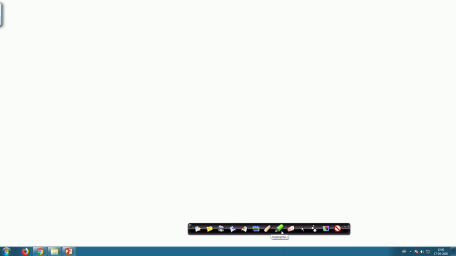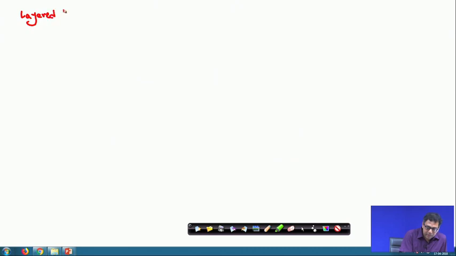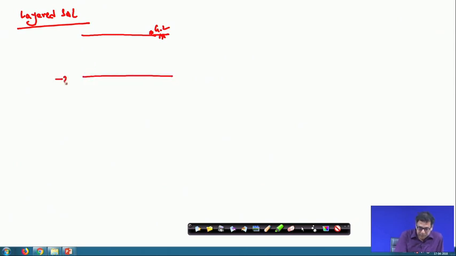So, the problem is that we have this layered soil. This is the ground surface, GL. This is the first layer of 4 meter, this is 0 meter.